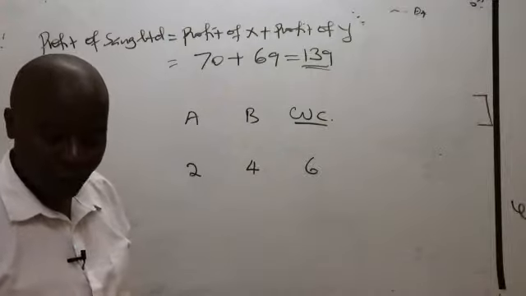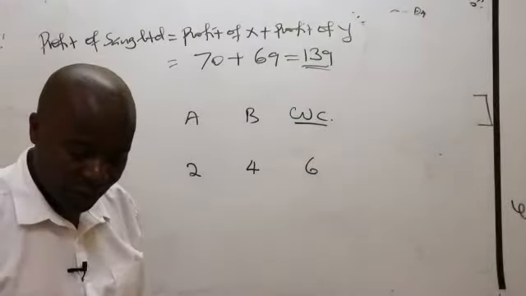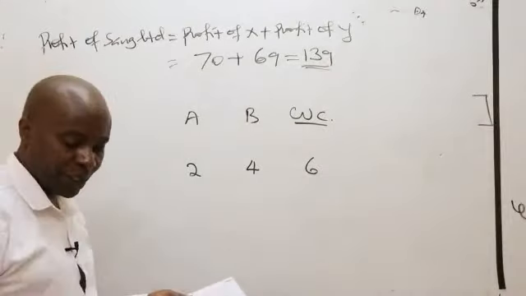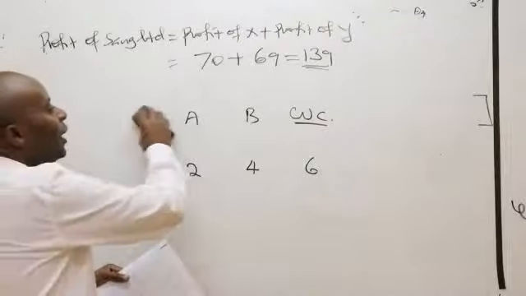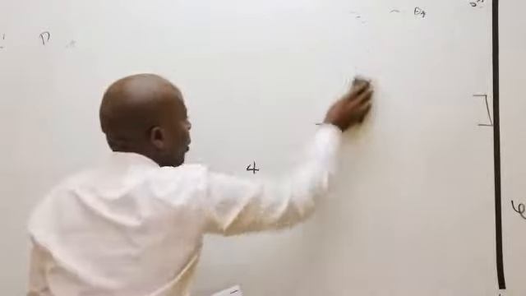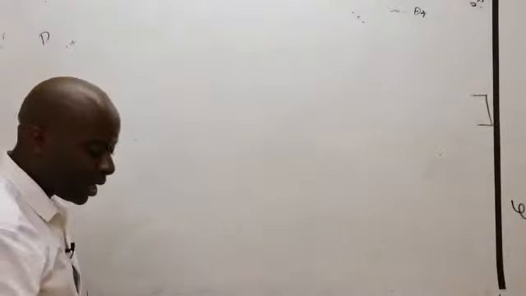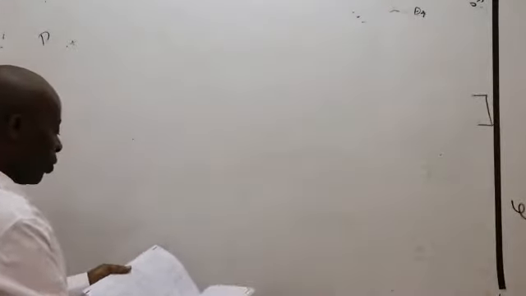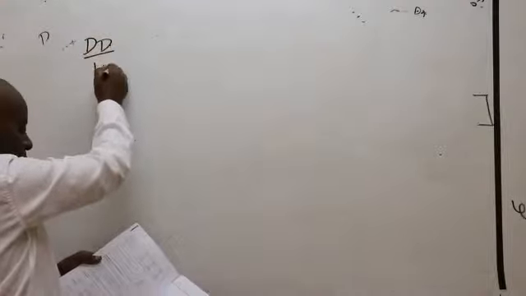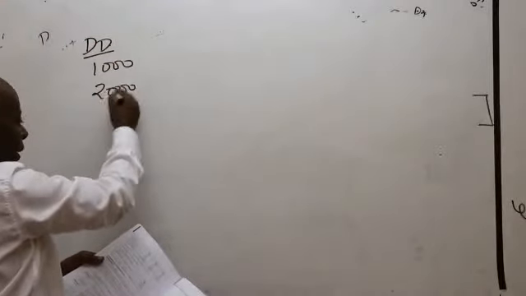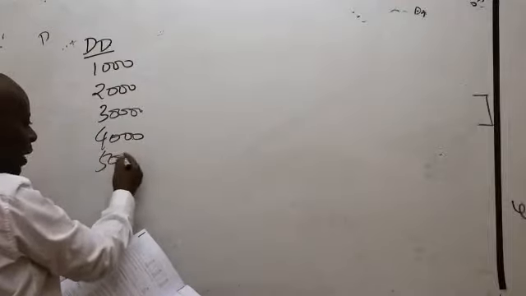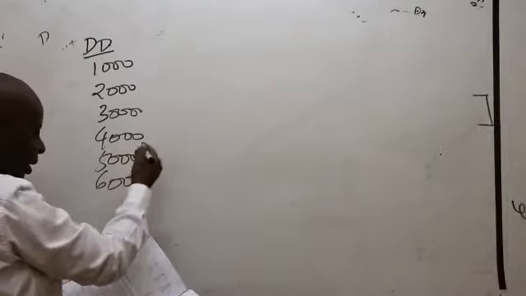Perhaps I could help you carry out, just to give you the framework. For the whole company, the revenue of the whole company will be the revenue generated by year 2. Demand will be the same: we have 1,000, 2,000, 3,000, 4,000, 5,000, 6,000.